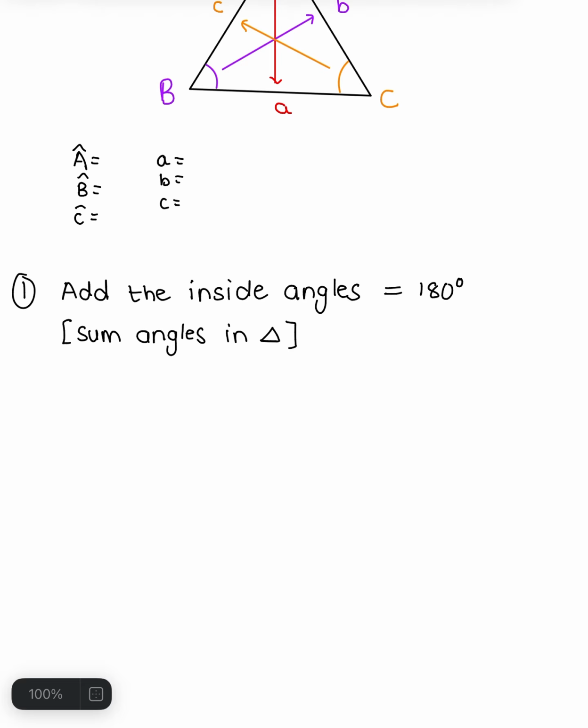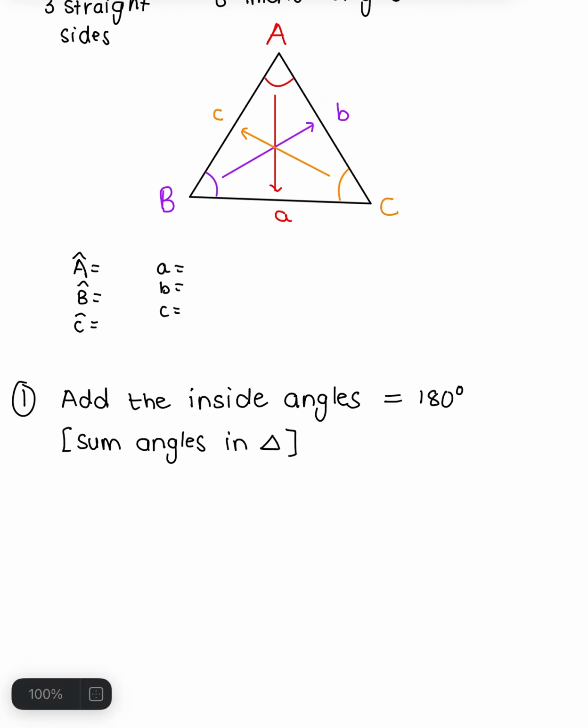And so if we refer back to our triangle that we drew over here, we can then say that angle A plus angle B plus angle C equals 180 degrees. And in geometry, when I write something like this, that's called a statement. And whenever we give a statement in geometry, we always have to give the reason.